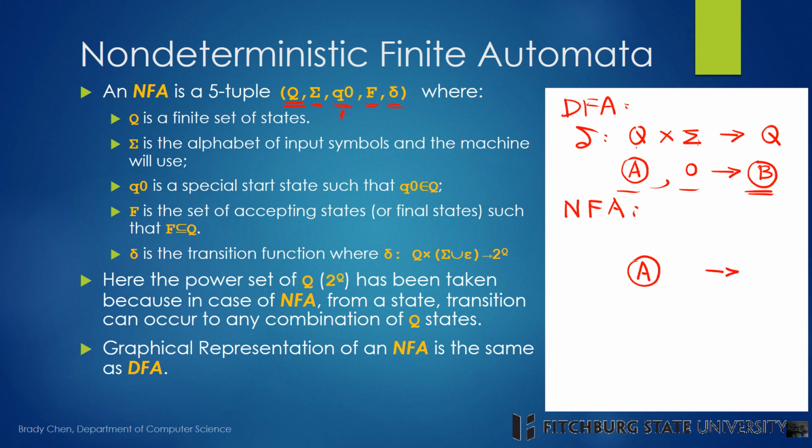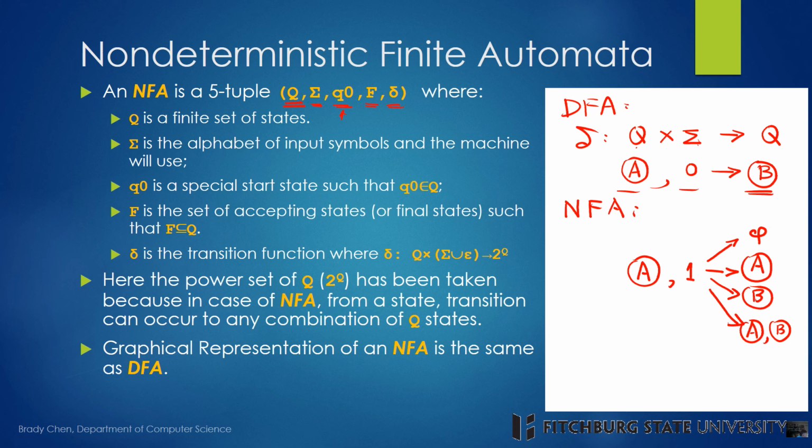So there might be an input, okay? It's going to lead to either next state A, or next state B, or it can actually go to A and B, or it can actually lead to nowhere.